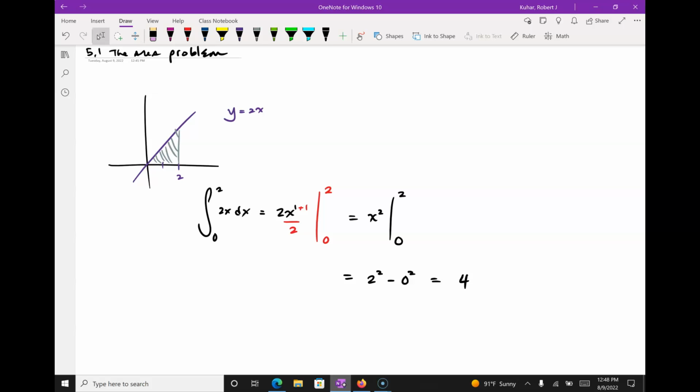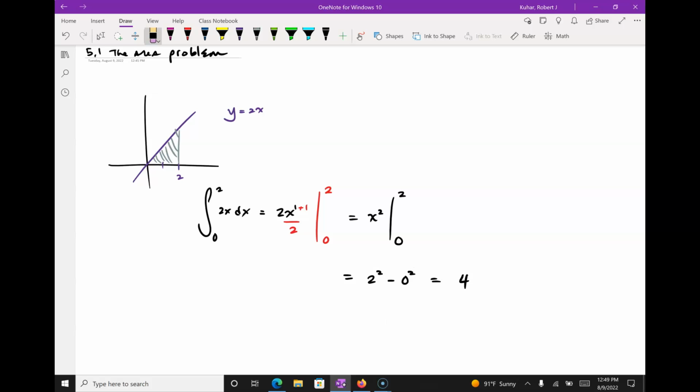Yes. So I get the antiderivative, x squared. I evaluate it at 2. I evaluate it at 0. I subtract. That's what gives me my area. Say again?